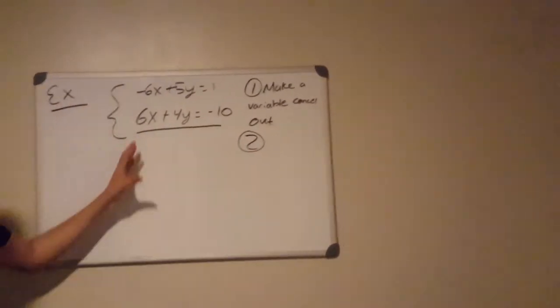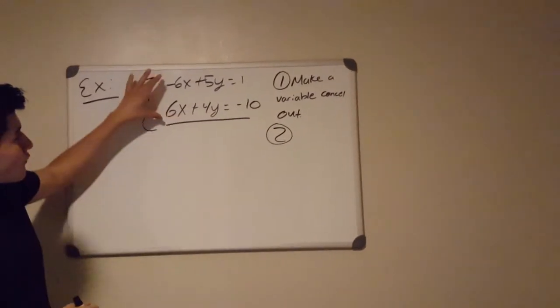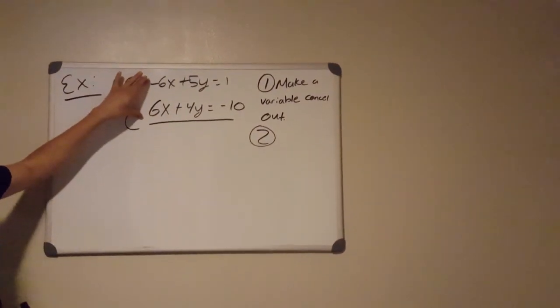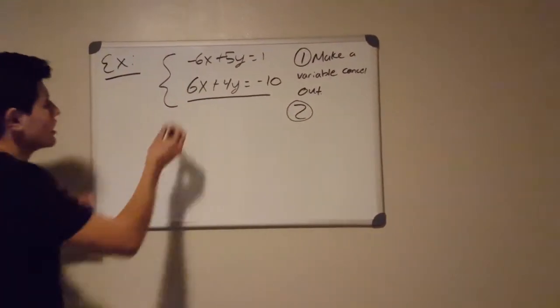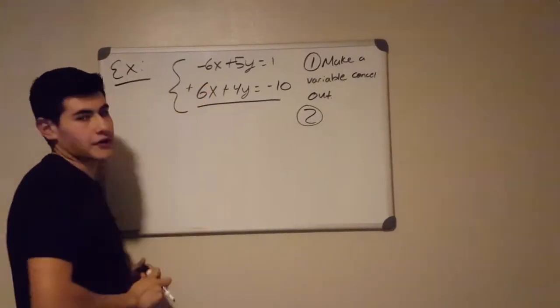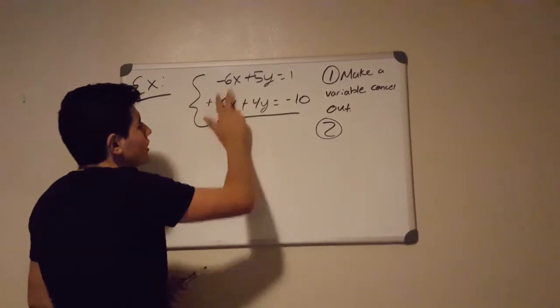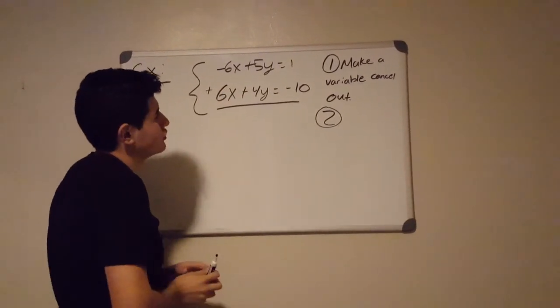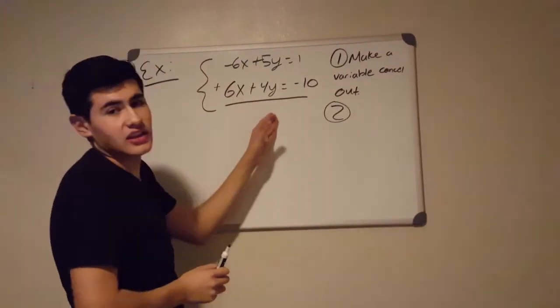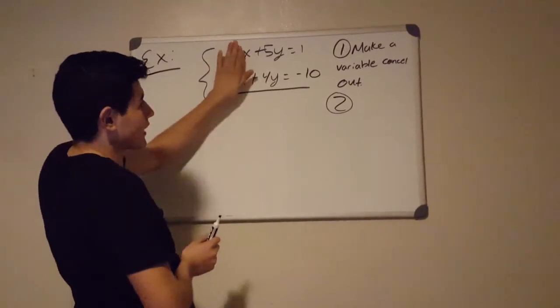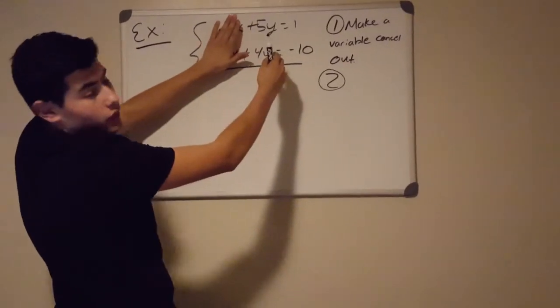What I mean by that is, for example, here we already see they have a negative 6x and a positive 6x, so all we're going to do is add them together. That's all we're doing. Add both entire functions together so that way we are able to solve it efficiently, and we get rid of one. If we get rid of all the x's, we only have to solve for y.